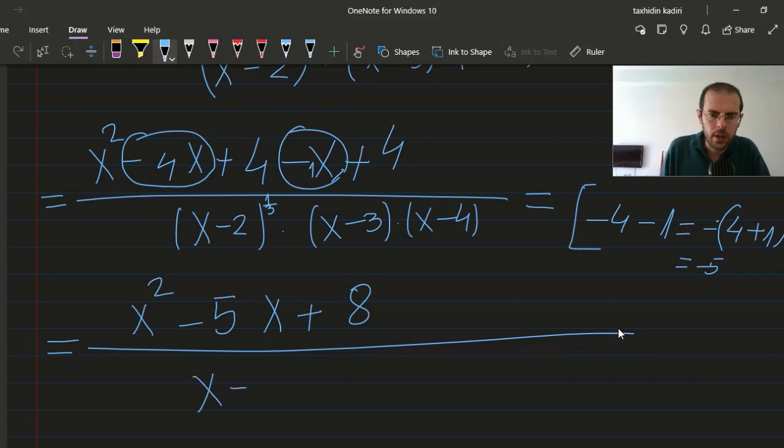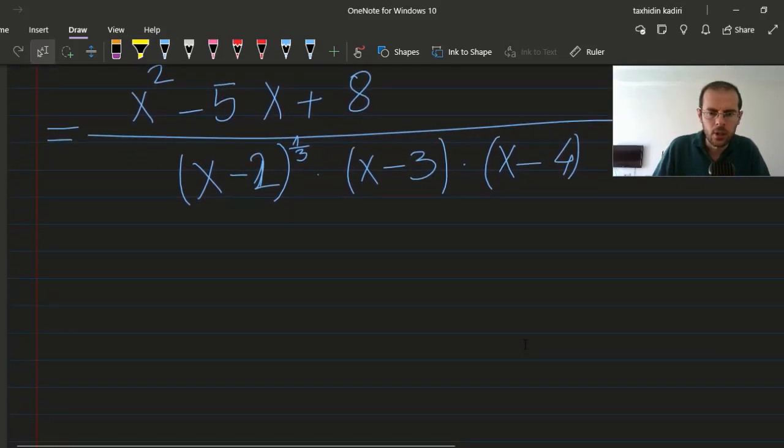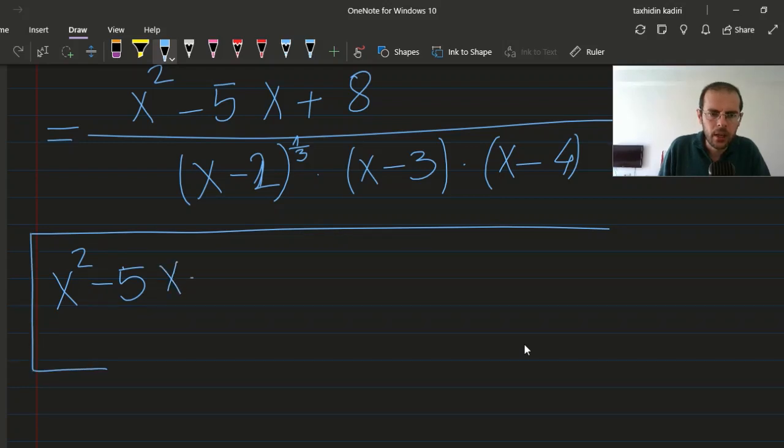And here in the denominator, sorry, it's 2 in power 1 over 3, x minus 3, x minus 4. What do we have here, can we simplify this? We can write just this: x squared minus 5x plus 8.